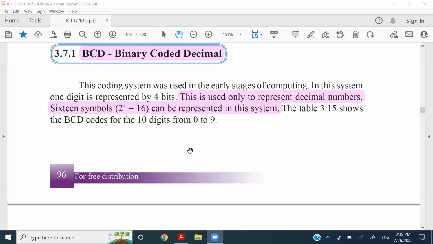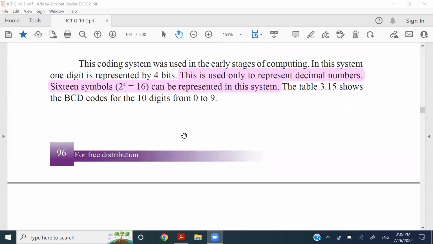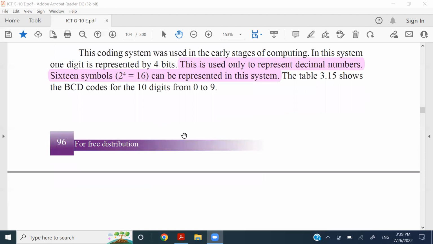Right. So can we move forward? Anyone who is still writing? Right.